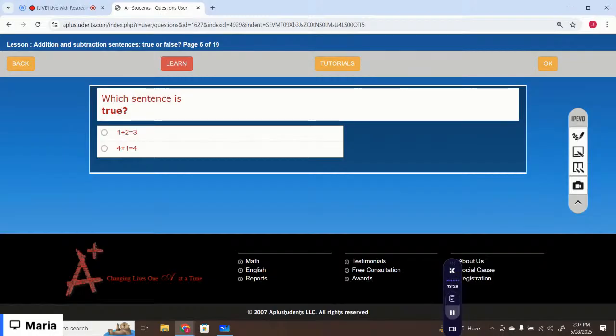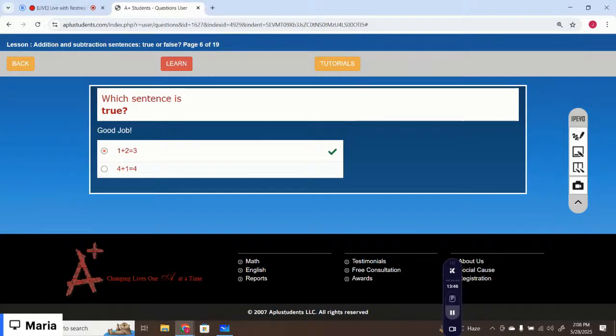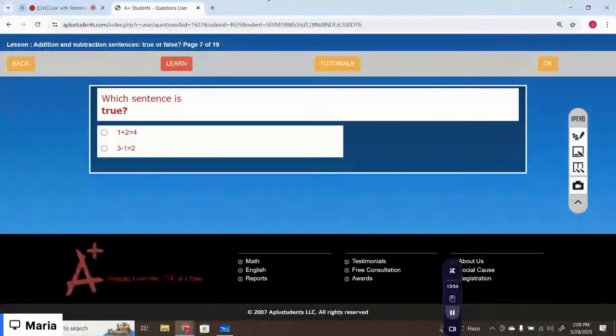Which sentence is true? 1 plus 2 is 3 and 4 plus 1 is 4. So which is the correct option? Option number one is the correct option. 1 plus 2 is 3. Which sentence is true?